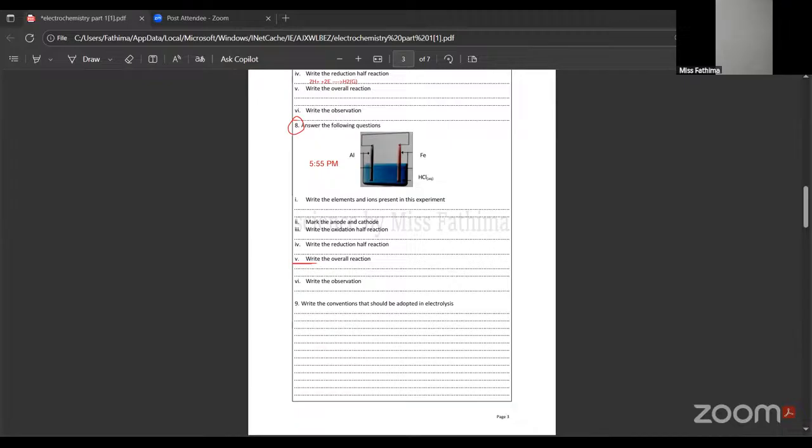Okay, so where's the question? Let me draw the question. I'll draw it a little smaller. And this is being connected.